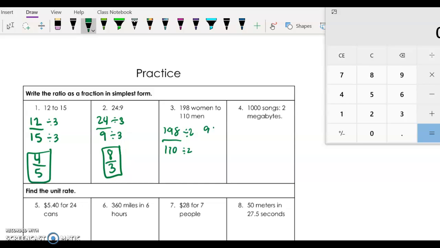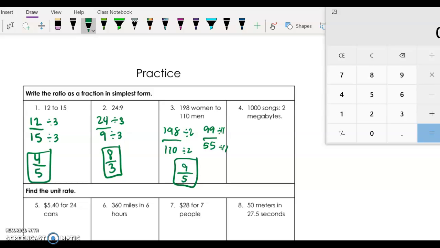And we get 99 over 55. And then 11 goes into both of those. Sometimes it's easier to see it once you work through it a little bit and get smaller numbers. So 99 divided by 11 is 9. 55 divided by 11 is 5.